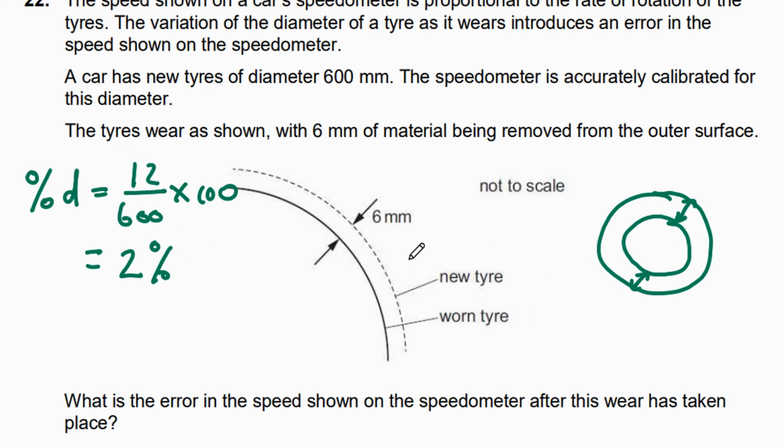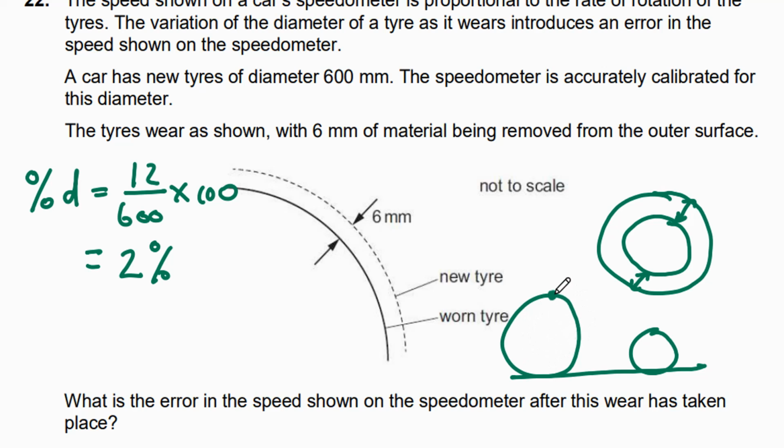How will that affect the rate of rotation? We know that if the diameter is smaller, then the rate of rotation will increase. So for a large tire, or large circumference, we'll have a certain rate of rotation.